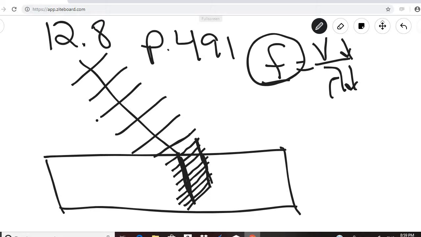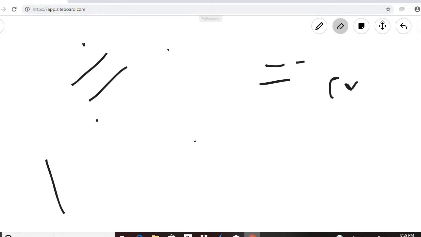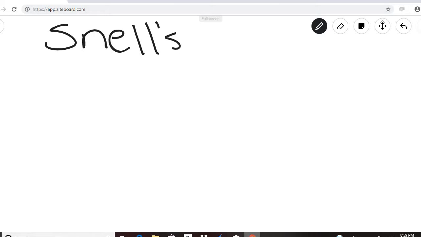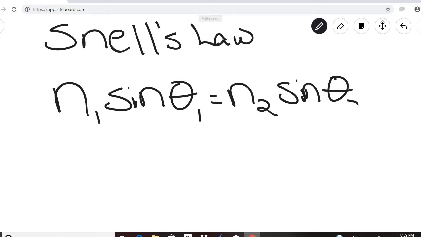Why is it that a beam of light, when it hits a transparent surface, will bend? A man by the name of Snell, and this was actually in the 1600s, around the same time as the Pilgrims, studied this phenomenon and came up with Snell's law. Snell's law states that n1 times the sine of angle 1 equals n2 times the sine of angle 2.